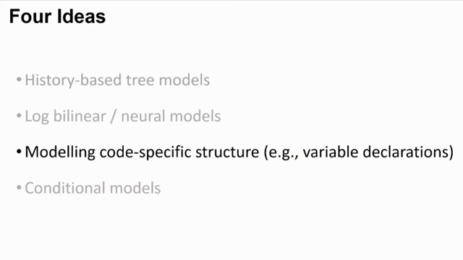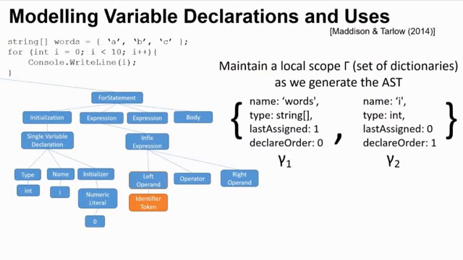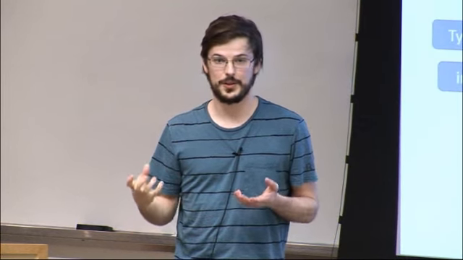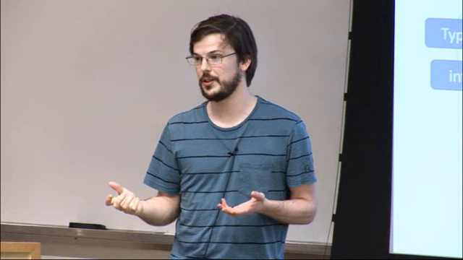OK, so that's sort of a generic tree-based model, and now I wanted to talk about incorporating even more structure about source code and this idea about variables, which are declared, and then they stay in scope for some amount of time, and then they go out of scope. So what we do here is we say, if you look at a tree that you've generated so far, then there are rules in the programming language that just tell you when you've declared variables, right?